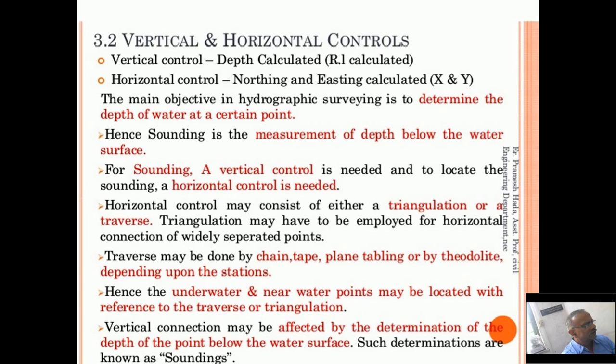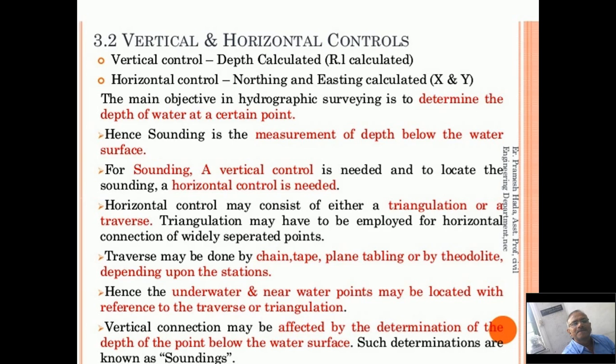The horizontal control may consist of any well defined point, or if you have conducted any traverse survey, any traverse station. The horizontal control may consist of either a triangulation station or a traverse station, if already conducted on the shore. For surveys of large extent, a second or third order triangulation may be used as the main control, and for surveys of small extent, a simple traverse survey may be used.